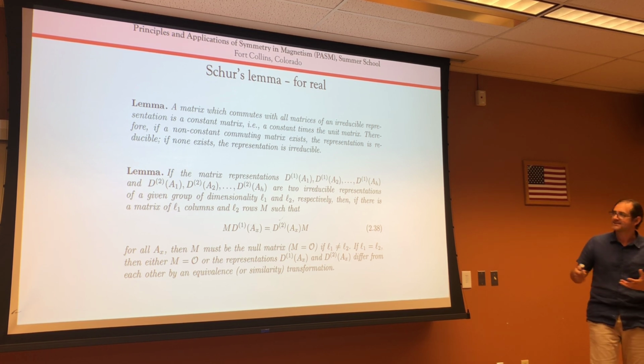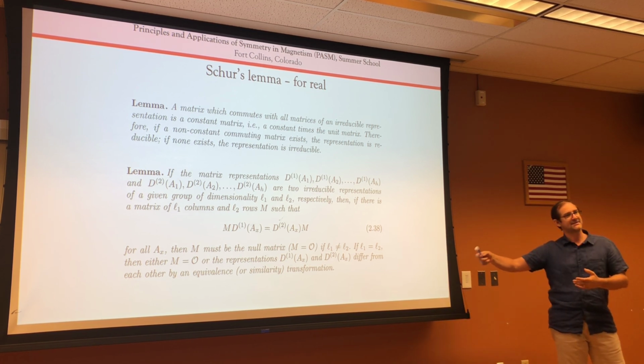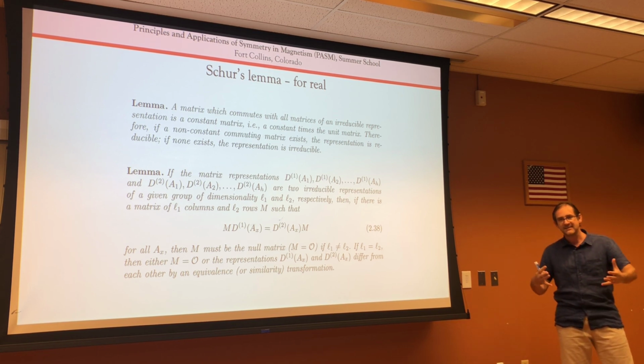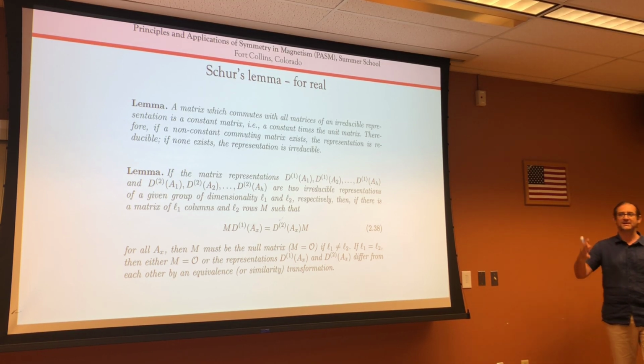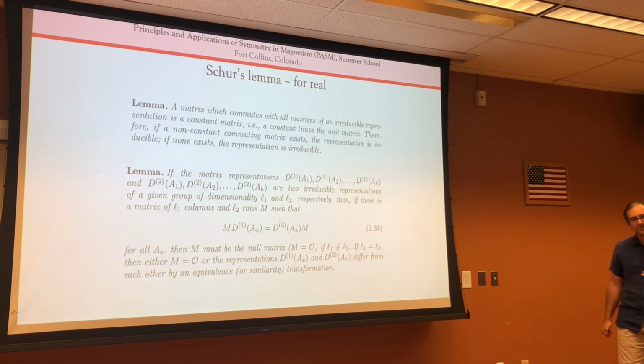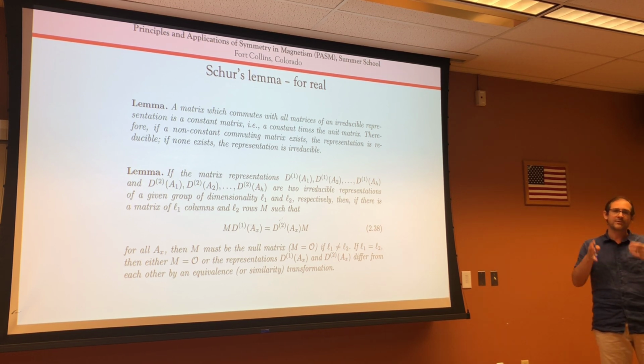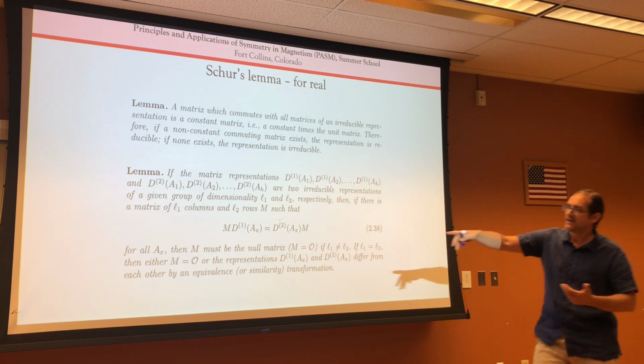It turned out that these extremely technical lemmas are at the basis of representation theory, because what they actually imply is that you can represent any symmetry group in terms of what we call irreducible representations. Exactly the stuff I mentioned here.